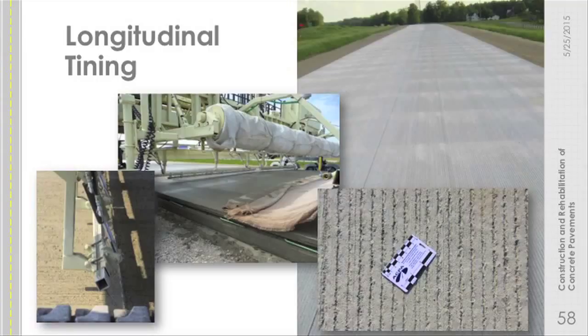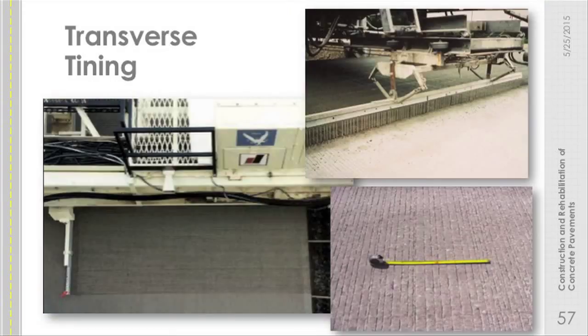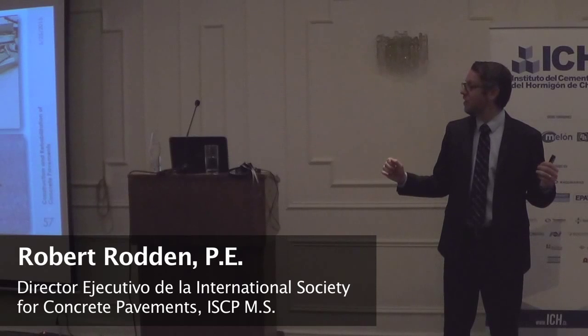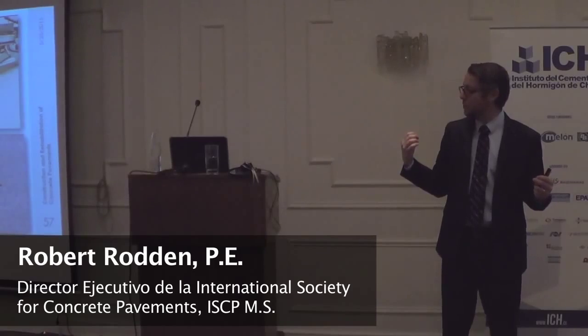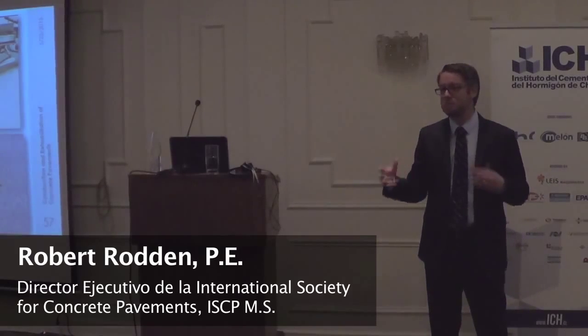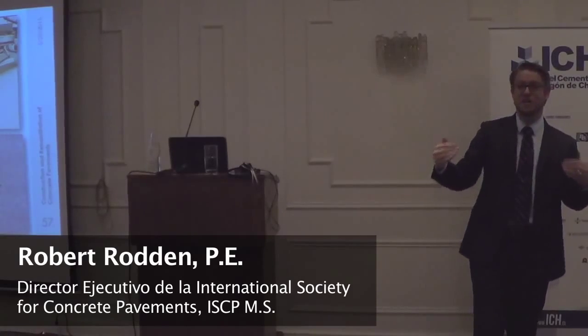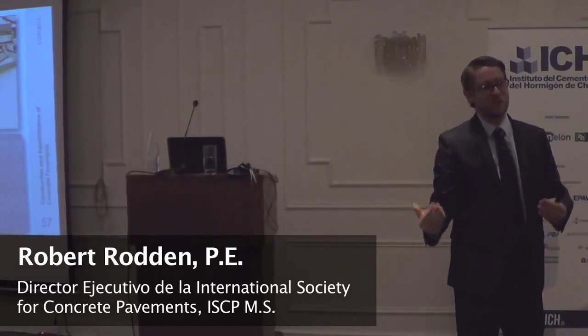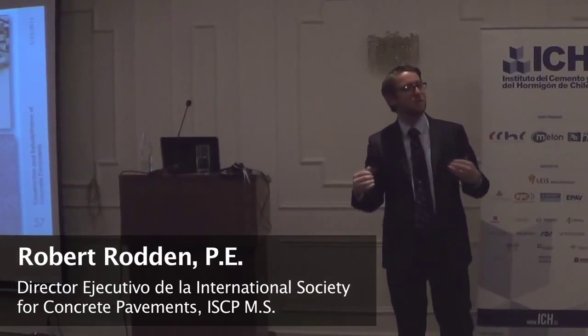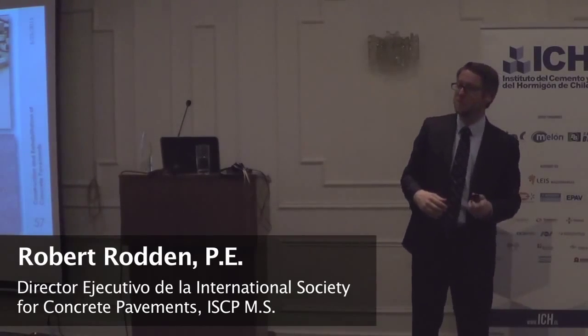Now, the original reason why we saw a lot of transverse tining, so against the direction of traffic, was that engineers had this idea that somehow the water would more easily flow out of the pavement system at the surface. Doesn't really make a difference. And that it would be a higher friction, because if you hit the brakes in your car, that's opposite the direction that you're traveling. So intuitively, you would think having the ridges that direction would help stop you. Also not the case.